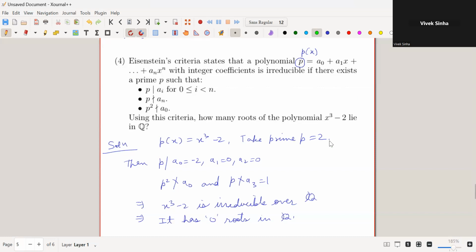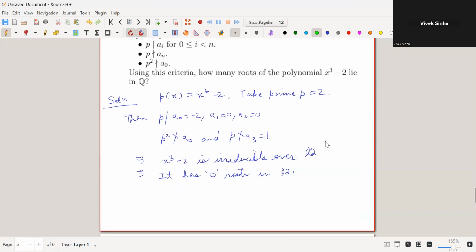So since this is irreducible, it won't have a root in Q, right?